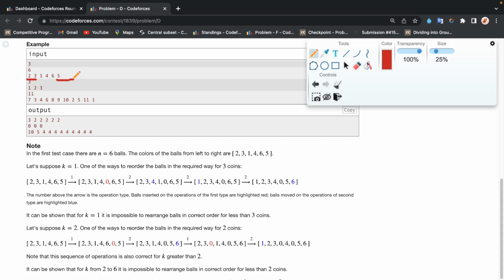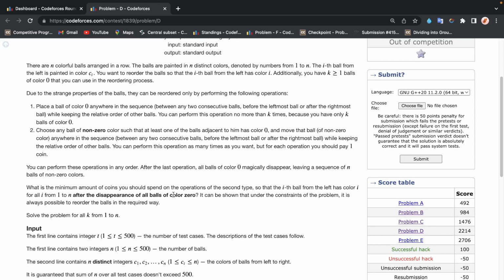This problem seems quite a bit hard. But yeah, after some certain number of balls, we don't really need them. Like after n by 2, the answer should be constant. So we actually need to look at just some small number of balls, smaller than n by 2, maybe even square root of n. Something like that might be possible.